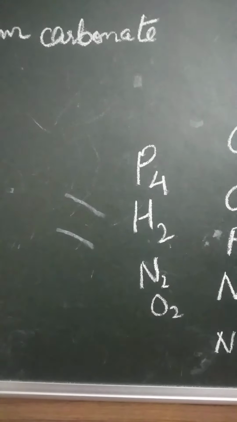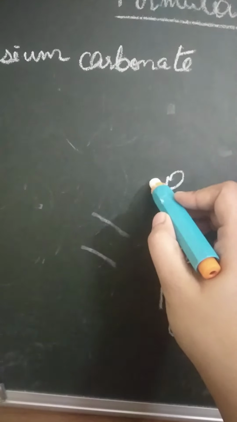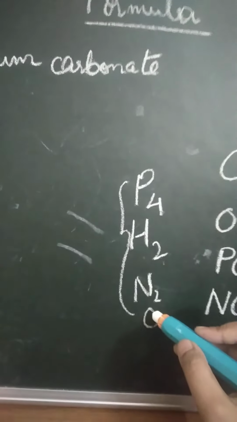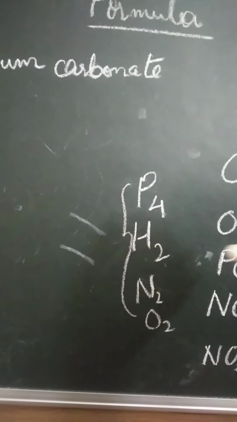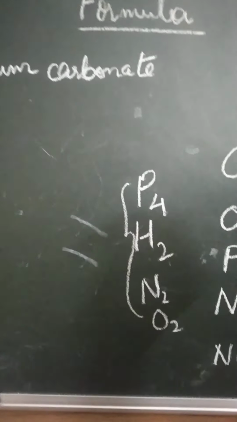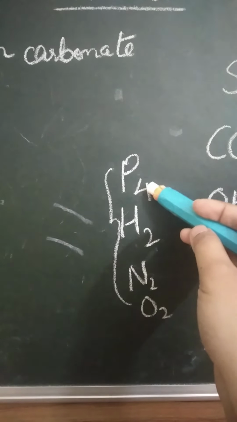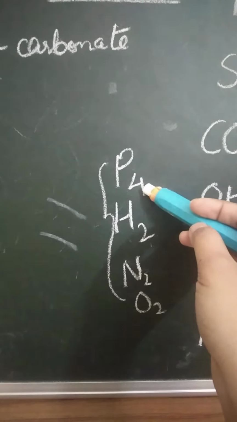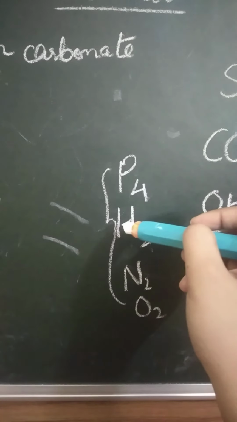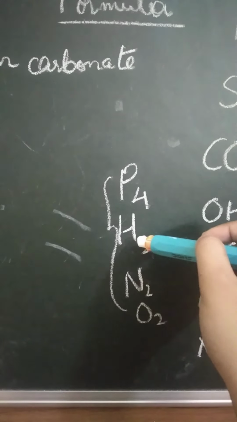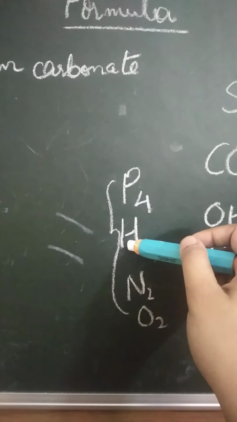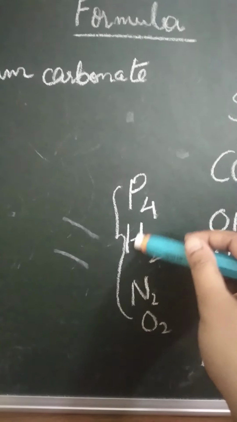Now in all these molecules you see that the same type of atoms are combining to give rise to the molecule. As I just said, in one molecule of phosphorus, how many atoms of phosphorus are there? 4. In the case of hydrogen also, two atoms of hydrogen are combining to give one molecule of hydrogen.